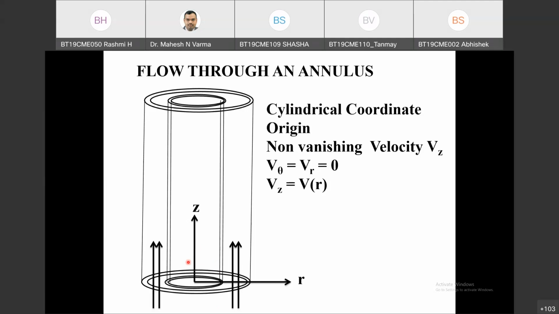So, what will be the dimensions of the differential shell? Roll number 111, Vipasvi. Yes, sir.